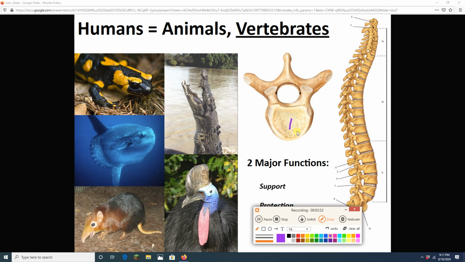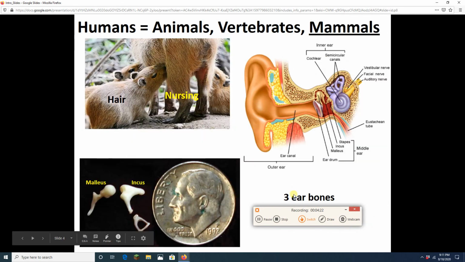We're going to learn that thing, that thing, that thing, and that thing. And there's more on the other side. So, just trying to get you a little excited about what's ahead of us. All right, so humans, you, me, and all these guys, we are animals, we are vertebrates. Okay, what else are we?